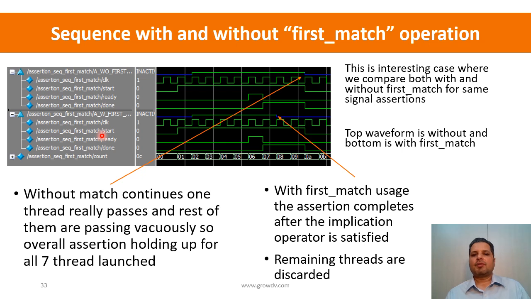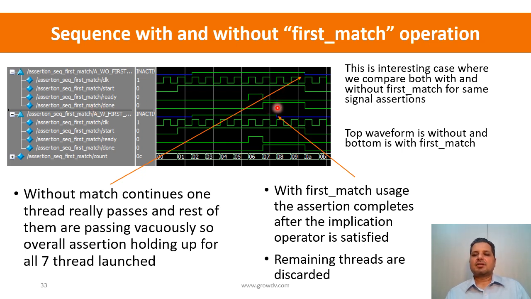Both of them are there, and in the top waveform what's happening is the same. We see the start, and at that point both assertions start off. Then at this point of time where the count equals 6, the ready comes up, and on the next clock cycle we see the done as well.